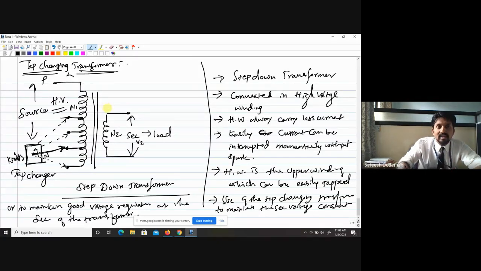So this much winding is connected in the circuit. Now if this knob is connected here, for example, I will show it to you in another color, if it is connected here, the entire winding is connected in the transformer. If you connect the knob in this, what happens at that time?